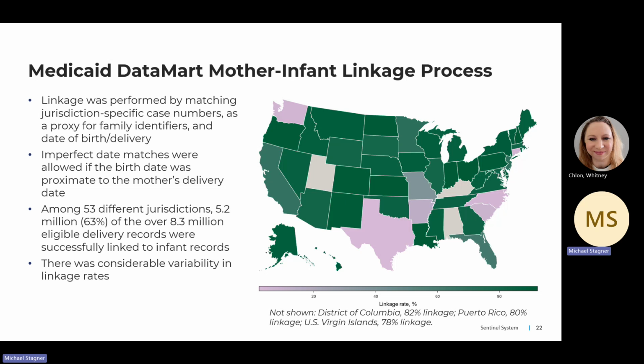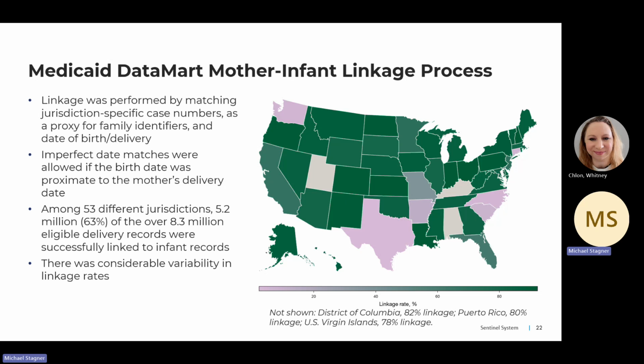And you can see that for the most part, 39% of jurisdictions had a linkage rate of over 75%, which is pretty good, and matches up pretty well with other attempts at doing linkage with these data, or other linkages that might have information, for birth certificates or that sort of thing.